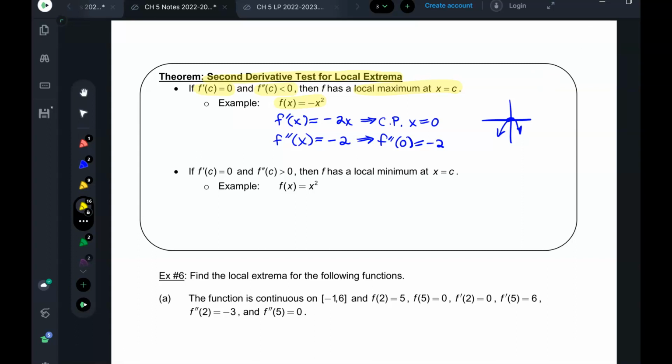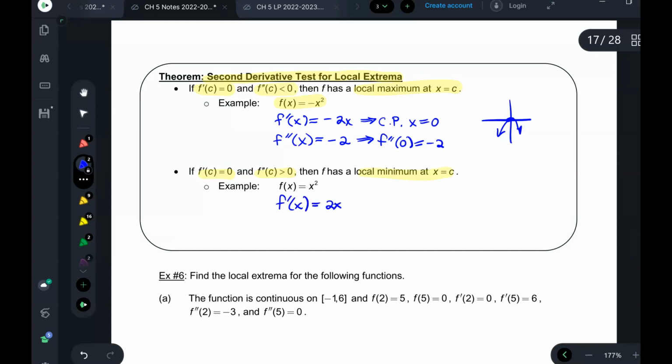Does that make sense? Just the opposite happens in this one. If we have a critical point where the first derivative equals 0, that means we have a horizontal tangent, in other words, a maximum or a minimum. And if the second derivative is greater than 0, then we have a local minimum. We do the first derivative, we get 2x, which implies that we have a critical point at x equals 0.